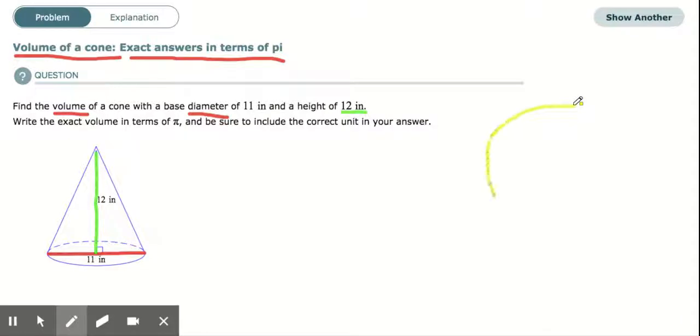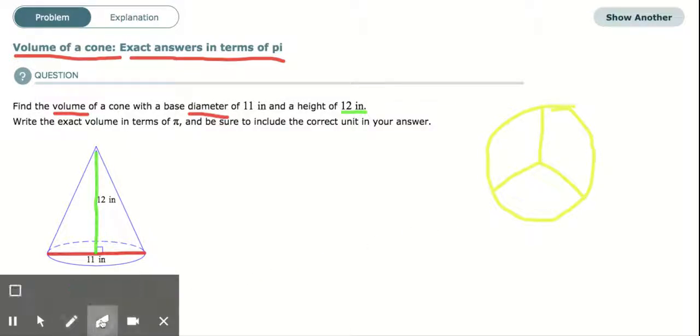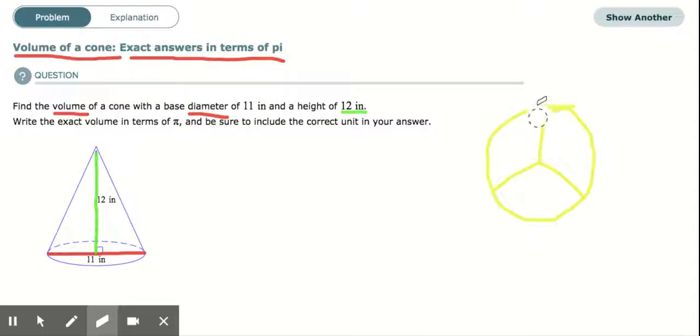So I think a lot of people struggle with finding the volume of a cone because they don't really understand where the formula comes from. Well, let's take a circle and cut it into thirds, into 3 equal parts. Then you just take one of those parts, so take away one third and then take away this other third.